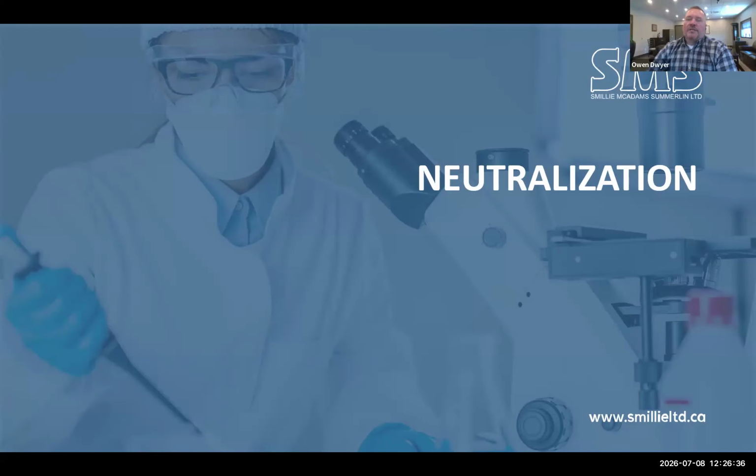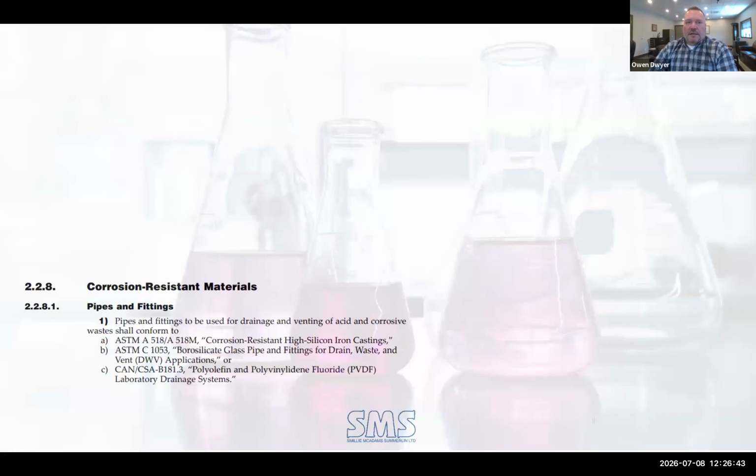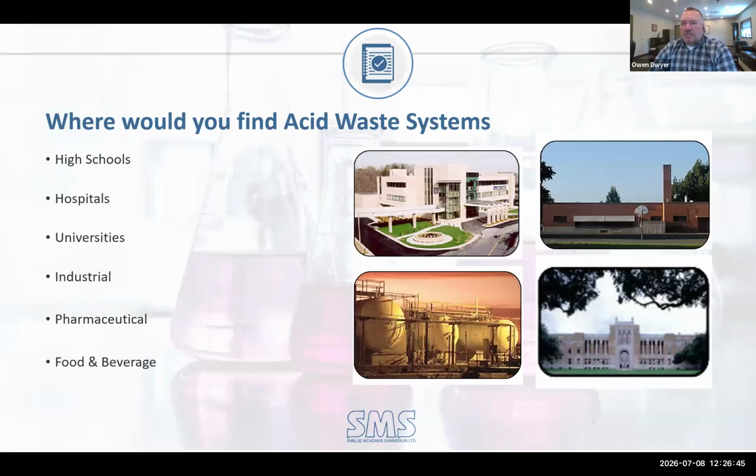I could talk about it right now with respect to the industrial type application that I mentioned in the previous slide. Some of these industrial applications may not be top of mind for corrosive waste, but those could be chemical storage closets, chemical storage rooms where you do have the potential for a chemical spill. A lot of industrial applications use battery-operated forklifts in a warehouse, and they all have a central charging station.